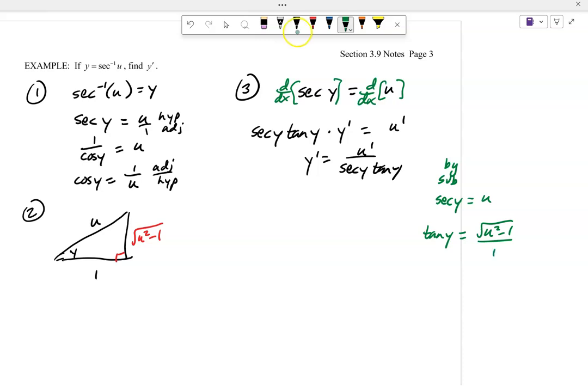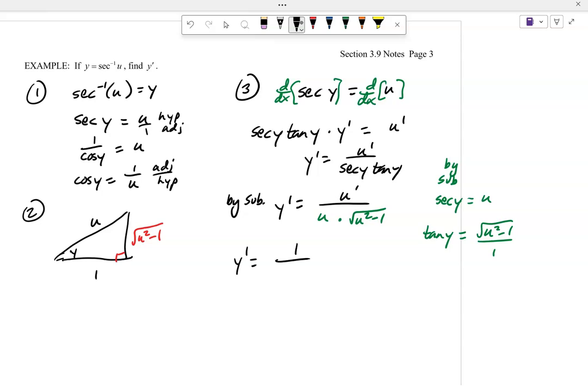So when I make that replacement, by substitution, y prime ends up being u prime over secant y, which is just a u. And then the tangent of y is the square root of u squared minus 1. So there's my y prime.